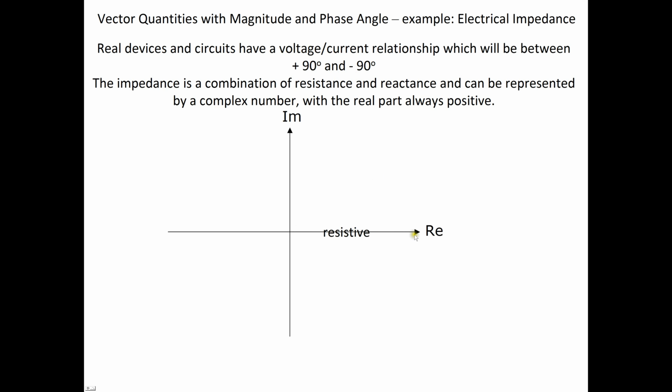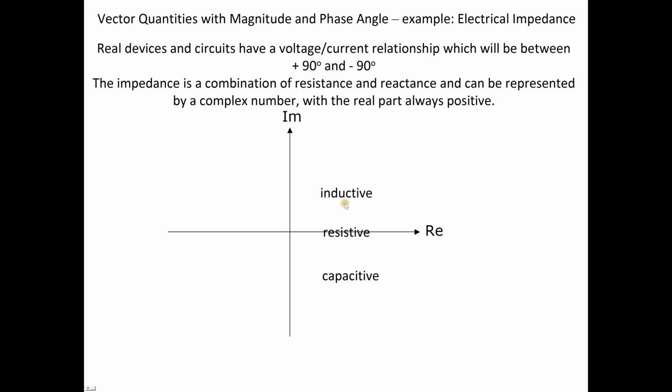So if we look at our complex number plane, any impedance which is purely on the real axis, the positive real axis, will be resistive. Anything which is purely on the imaginary axis in the negative direction will be a pure capacitance, and anything which is somewhere down here will be capacitive but might have a combined resistive and capacitive component, but overall capacitive if it's in the negative imaginary part.